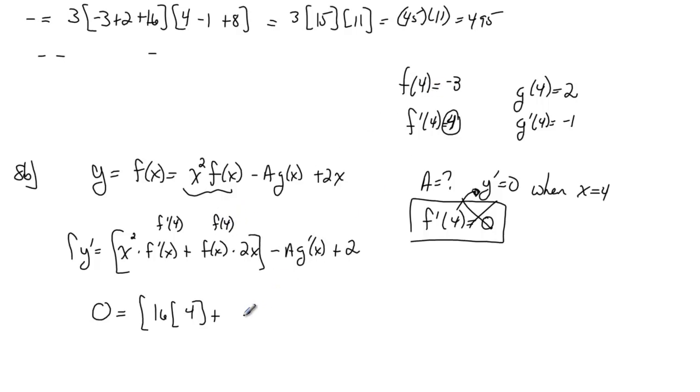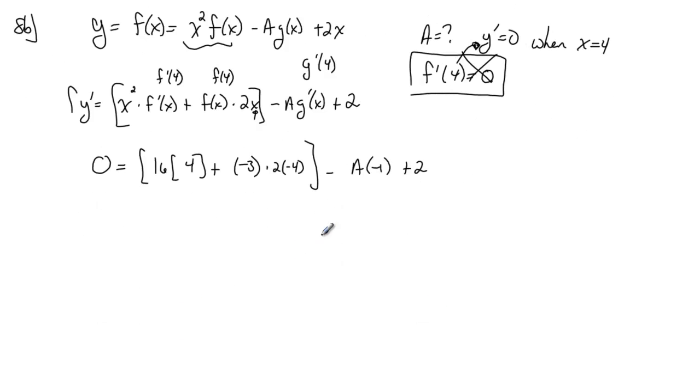F of 4 is equal to negative 3 times 2 times negative 4. We're plugging in negative 4 here. Minus a times g prime of 4. G prime of 4 is equal to negative 1, still plus 2.